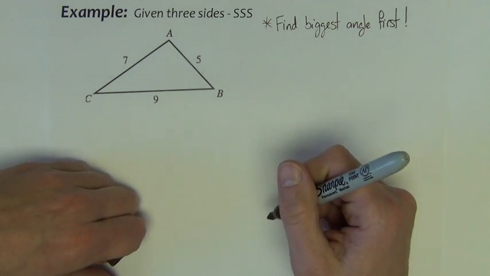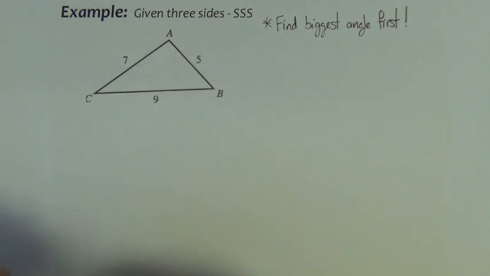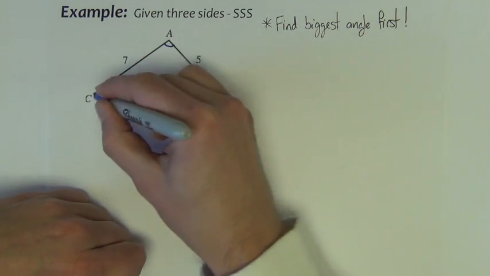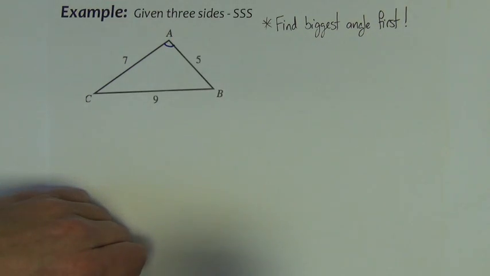So we're going to use that alternative form of law of cosines. We're going to be looking for angle A first because it's across from the longest side, therefore it's the biggest angle.